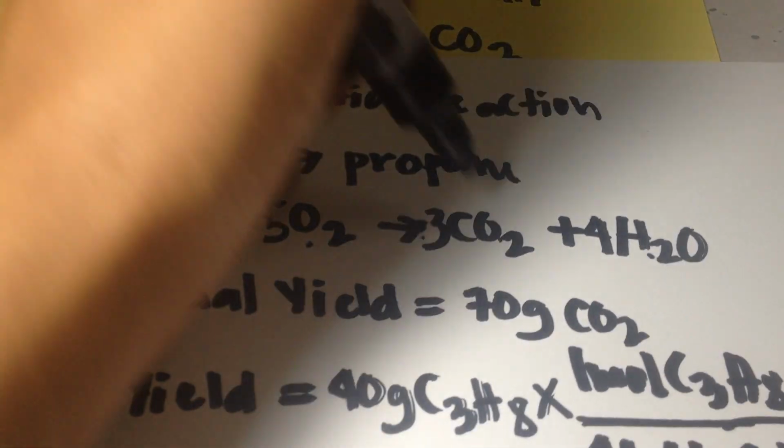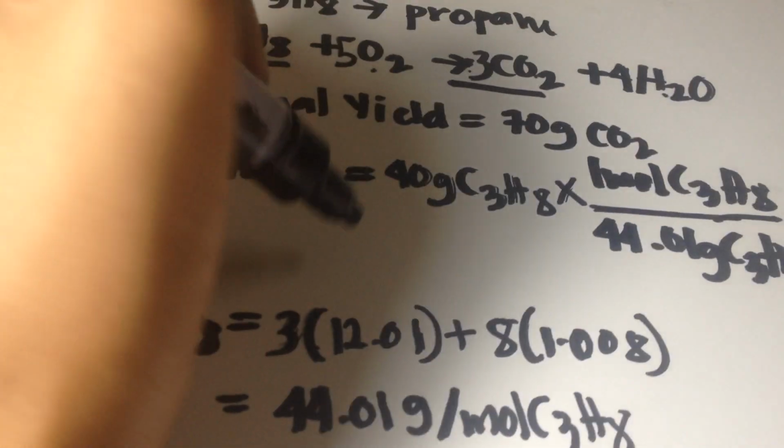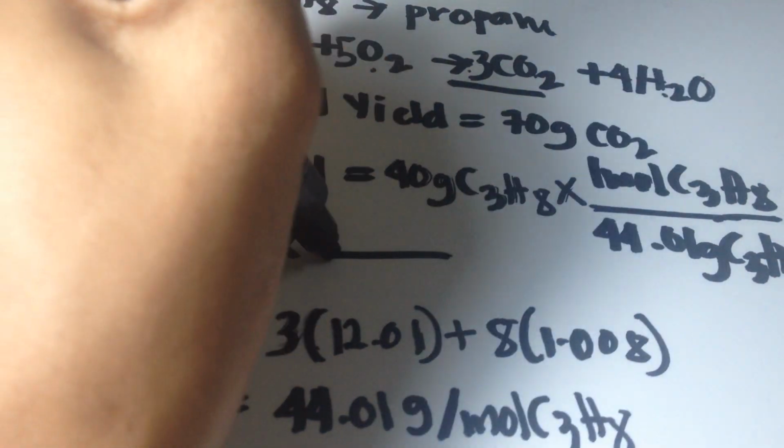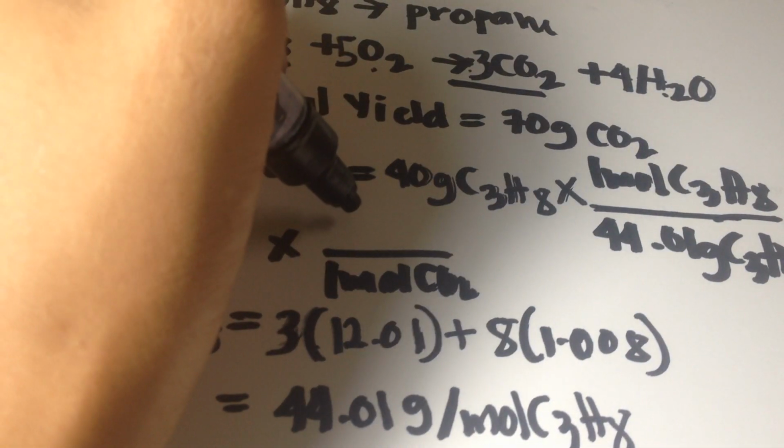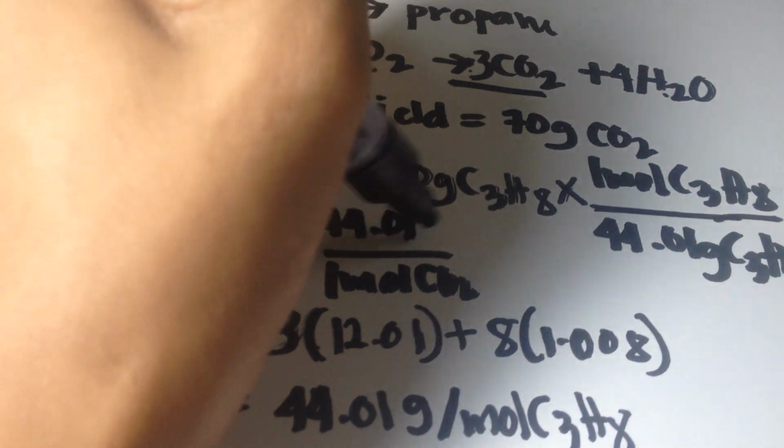So 1 mole of propane and we have 3 moles of carbon dioxide. So 3 moles of carbon dioxide, and then times 1 mole of carbon dioxide, and then 44.01 grams of carbon dioxide here.